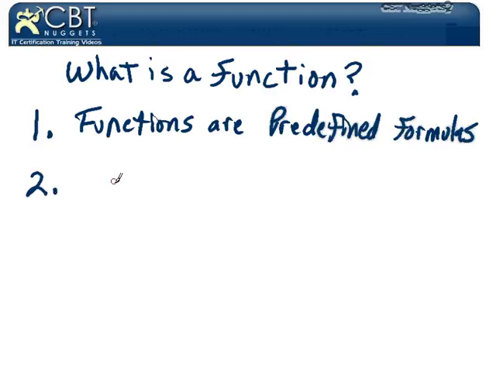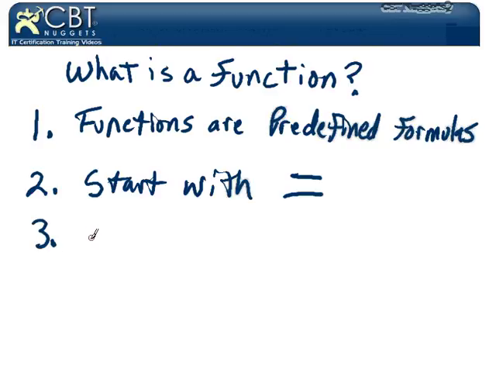The second thing to look at is that all functions, just like formulas, start with an equal sign. Anytime you put an equal sign, Excel knows that you're going to put a formula or a function, which is a predefined formula, into that particular cell. Then the next thing that comes in after the equal will be the name of the function.